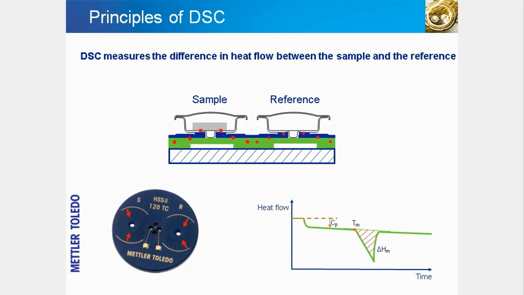The star shape is formed by the many thermocouples incorporated in the sensor. The thermocouples guarantee that the heat flow is accurately measured. The measurement curve in the lower right corner of the slide shows a typical melting peak. The curve provides valuable information such as the enthalpy of melting, the melting point, and the specific heat capacity.